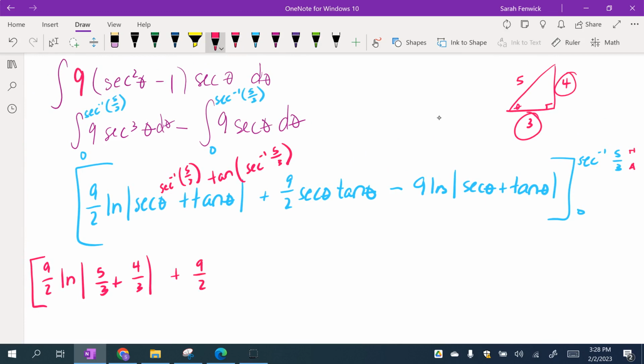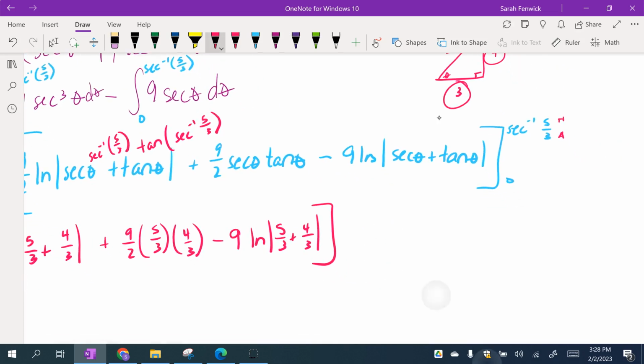Plus 9 over 2 times 5/3 times 4/3. Oh, I forgot that one. Minus 9 ln of 5/3 plus 4/3. I should have combined that before I started, but that's okay.